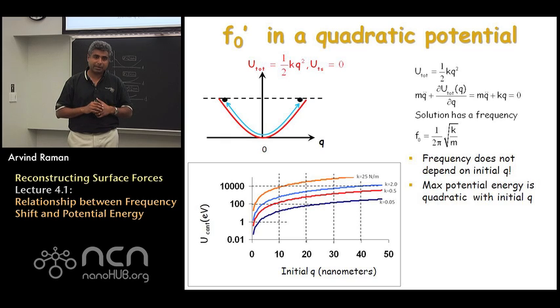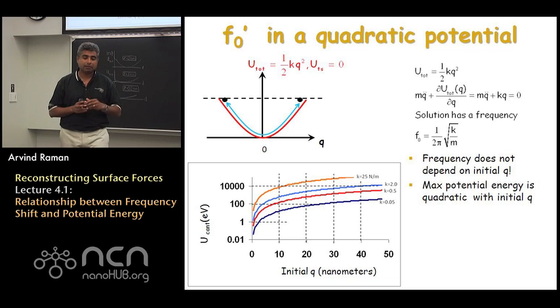Now, you can look up the appendix for some more details, but when you have a potential like this, 2 important things happen out of it. First of all, the solution for the equation of motion is going to be simply a pure sine wave, whose frequency is given by 1/2π square root k over m, which is a known result. Now, there are 2 important conclusions that I mentioned here.